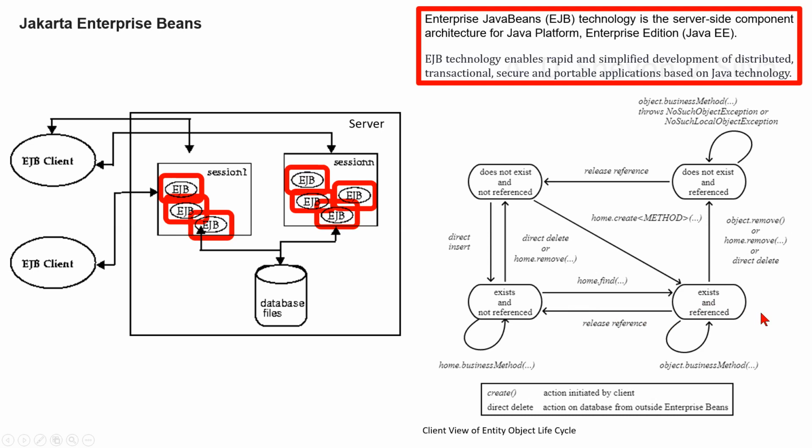Also, an entity object may be deleted directly using other means than the remove operation, for example, by deletion of the database record. The direct insert and direct delete transitions in this diagram represent such a direct database manipulation.